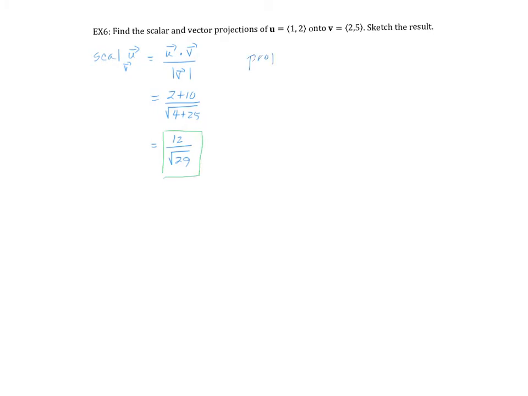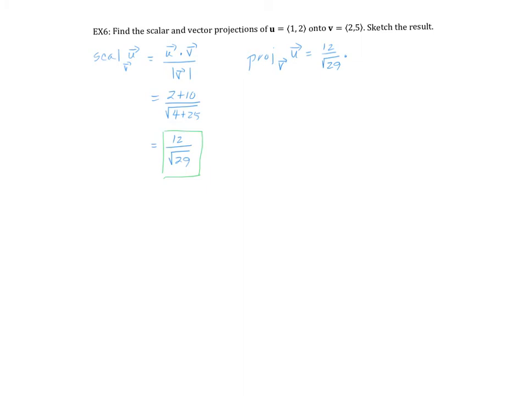Now I'm going to find the projection vector of u onto v. So remember, I can use the scalar for that, which I already found. I'm going to use the formula that takes a scalar times my vector v over its magnitude.